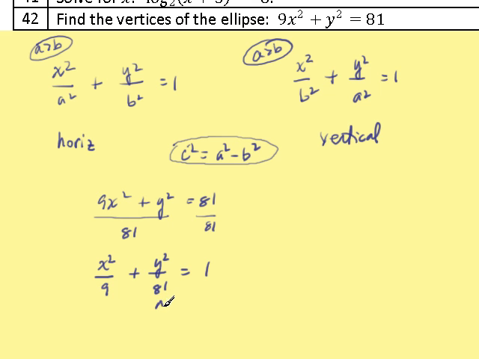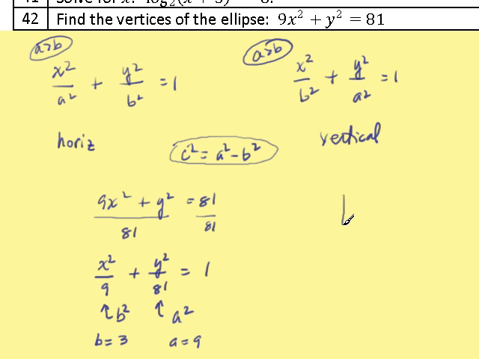Now, this is the larger denominator, so this one is a squared, and this one is b squared. So we have a is 9, and we have b is 3. So this is a vertical ellipse because the larger number is underneath y.